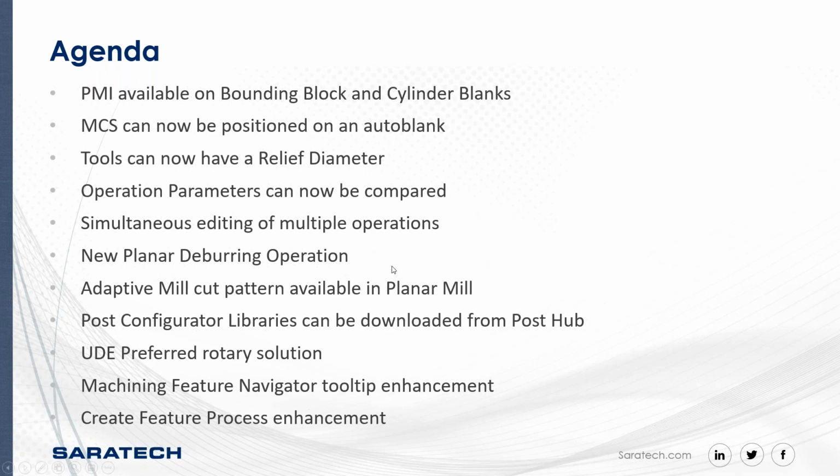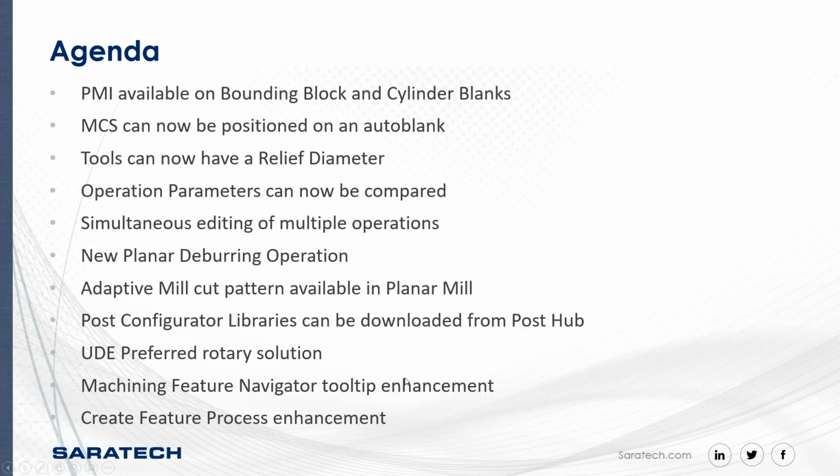They've added a new planar deburring operation. And inside Planar Mill, now we have adaptive mill with cut pattern, which is a really popular pattern. And now you can download a new configurator library straight from PostHub, and I'll show you how to do that.